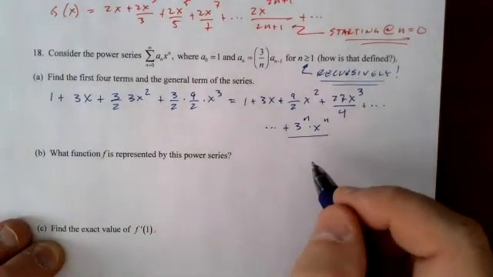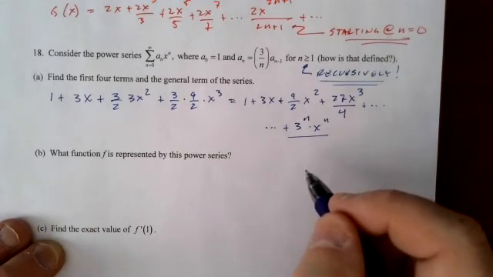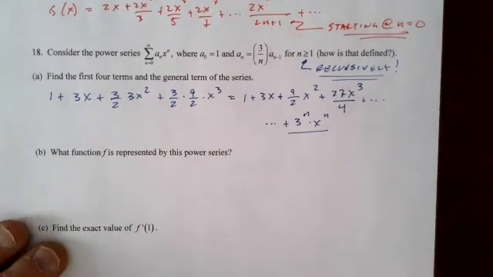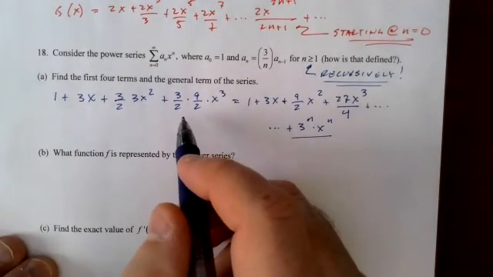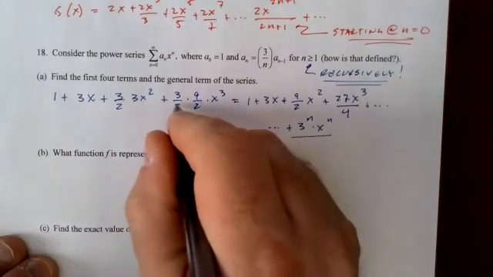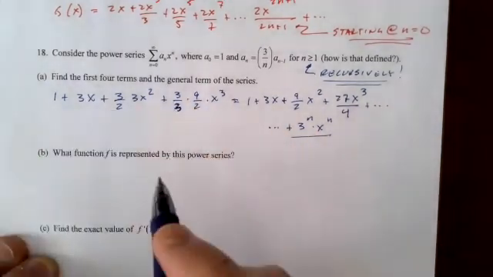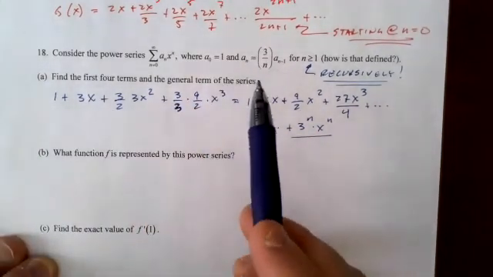over, I got an n factorial. I don't know if I buy that. Oh yeah, I see it. First off, this is 3 over 3. My bad. Got to follow the rules.